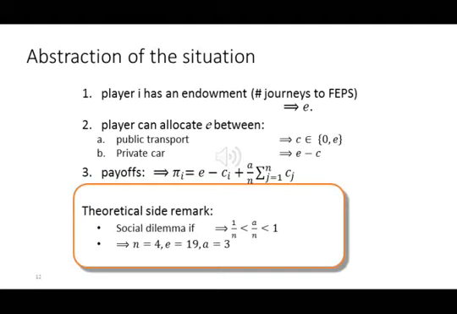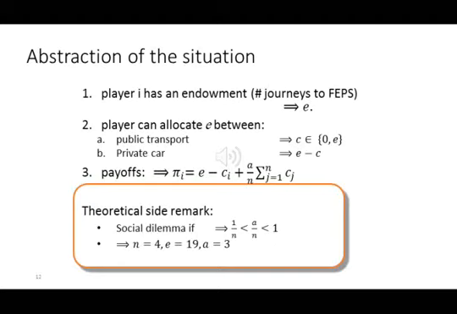Pi i, the payoff to this individual, will be equal to his initial endowment, which is the number of journeys to FEPS, minus how many times he decided to go using public transportation, as if it is his contribution to the public good from our previous example, plus he's going to benefit a lot from everyone else using public transportation, i.e.